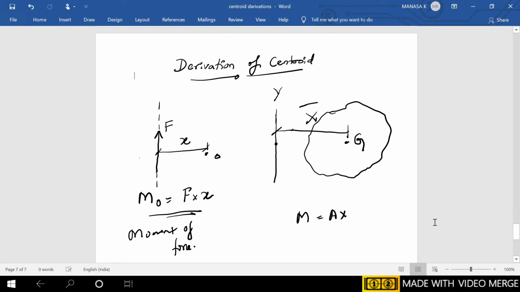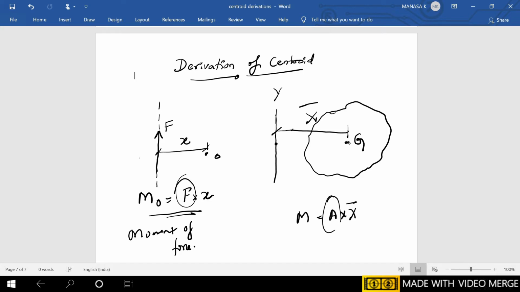So this is the concept of how to find out the moment of area. So instead of force here, I'm taking area. Since I'm taking area, I can't take any random point within the area to find out the perpendicular distance. So I'll be choosing one point where the entire mass of the area is concentrated. That is nothing but centroid.